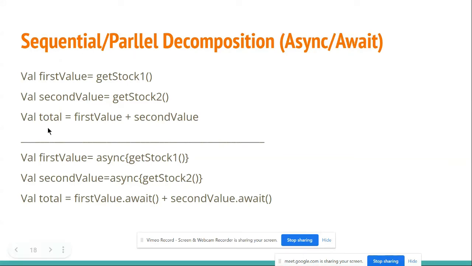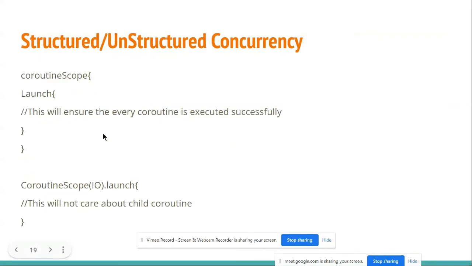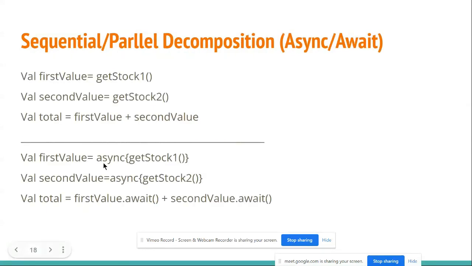So in this case, if we write this in Android Studio, what will happen? First, it will take 10 seconds. After that, it will take 12 seconds. So a total of 22 seconds to print the total, right? So what is parallel decomposition? By using the async keyword, the async suspend function, here and here also, these will be executed in parallel.